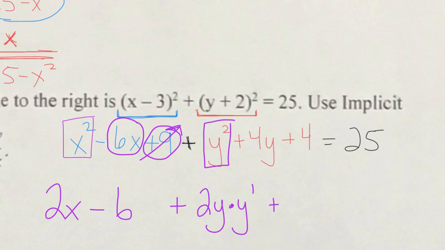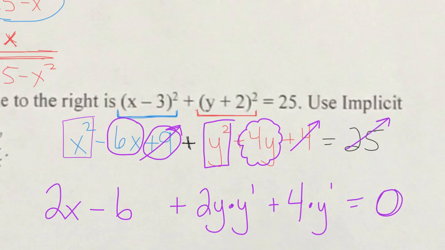Plus, what's the derivative of 4y? 4 times y prime. Anytime there's a y in your derivative, we have a y prime. And the derivative of 4 is 0, and the derivative of 25 is 0.